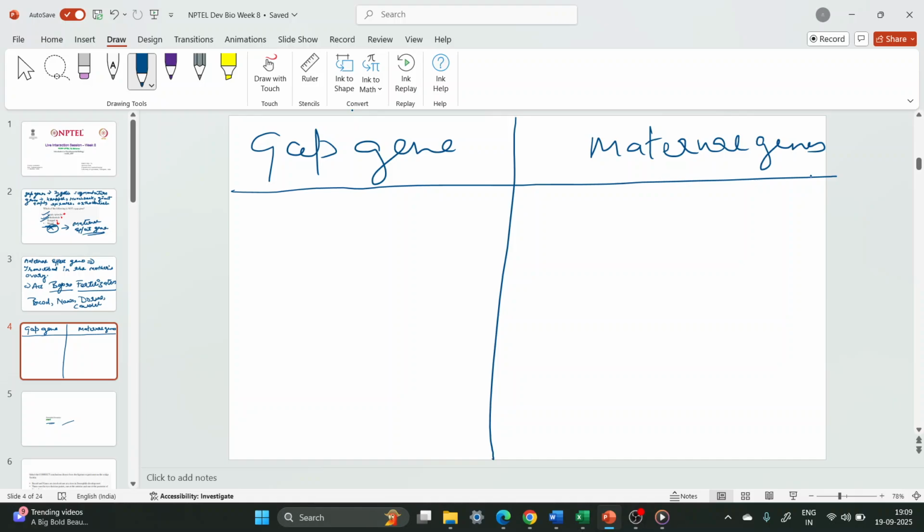Maternal effect genes are basically provided by the mother. They act earliest and set up the gradient. Whereas gap genes are activated in the zygote and interpret those gradients and refine them into regional domains. So basically, the maternal genes are setting up the gradients which are required for axis formation.